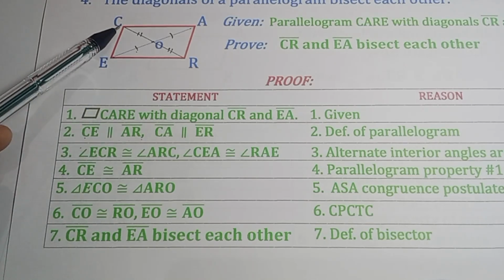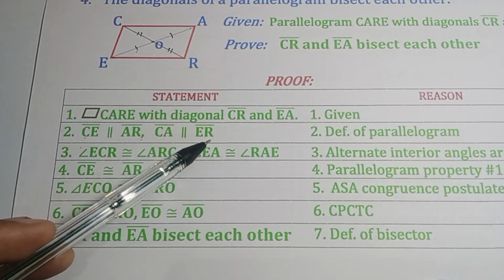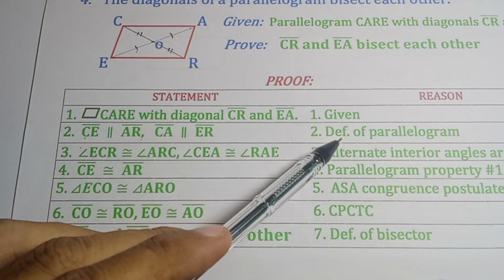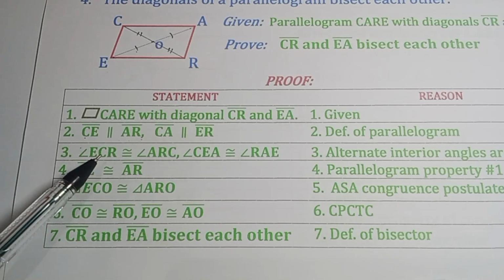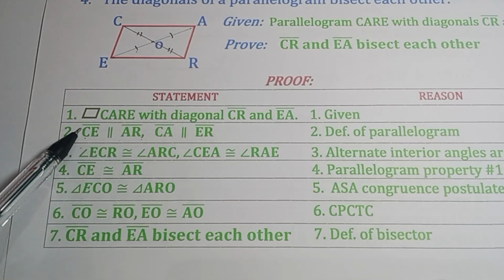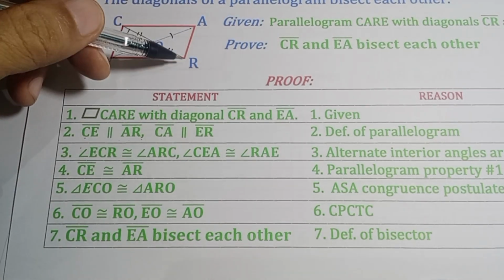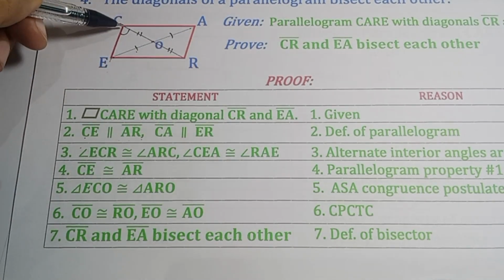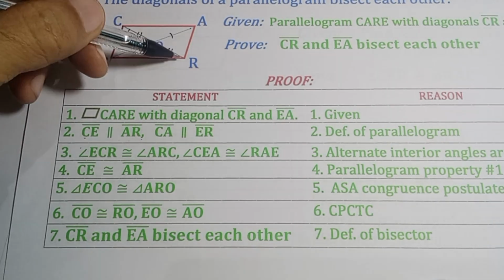And then CA is parallel to ER, this one. Definition of parallelogram. Now, look at this. Using these parallel sides, CE is parallel to AR, we can have this as our transversal.